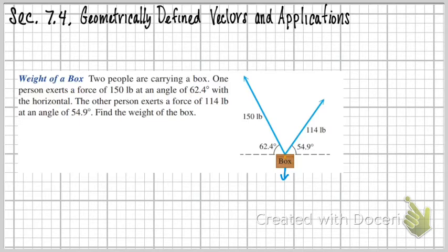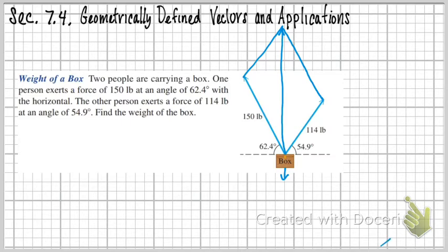So we're dealing with what we call a resultant. So if I think of the parallelogram here, essentially what I'm looking for, let me redraw it, is this vector here. Okay, so if I can find that vector, I know the force downward.